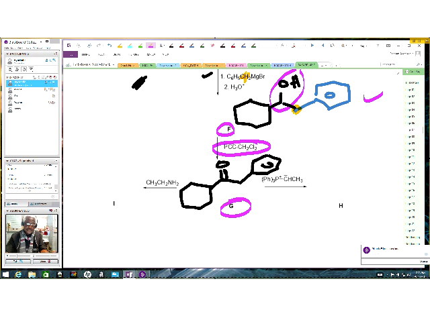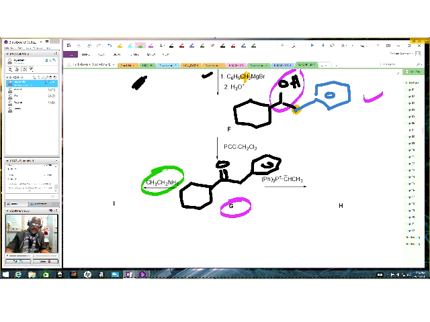Now, they want us to take compound G, which is a ketone, and react it with a primary amine, which is this here. Anytime you take a primary amine and react it with a ketone, we are going to get what is called an imine.